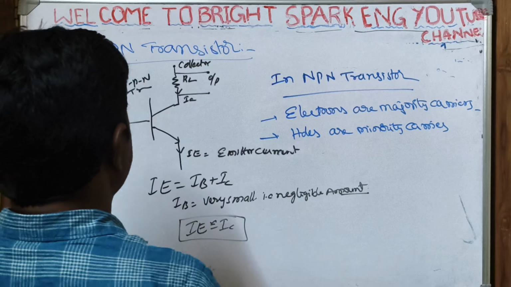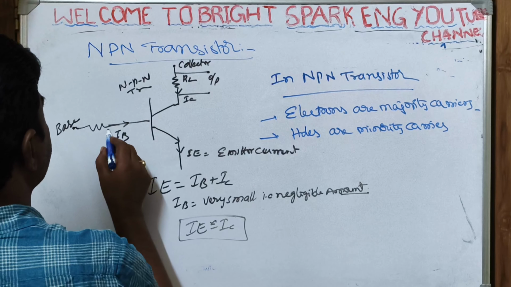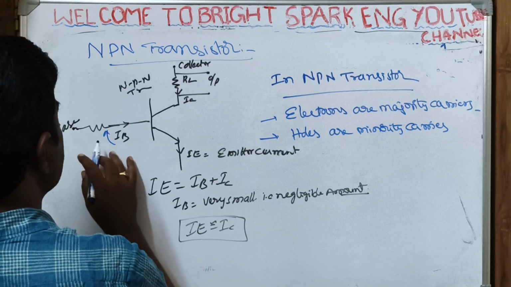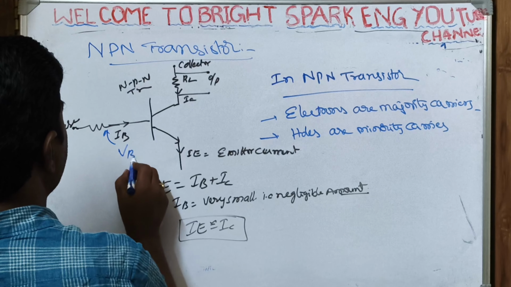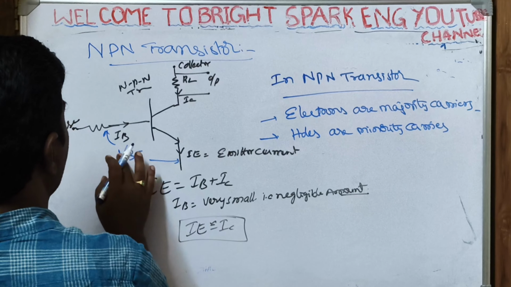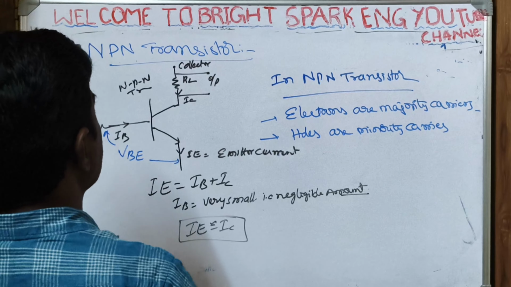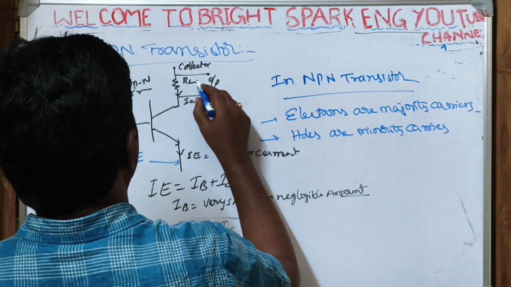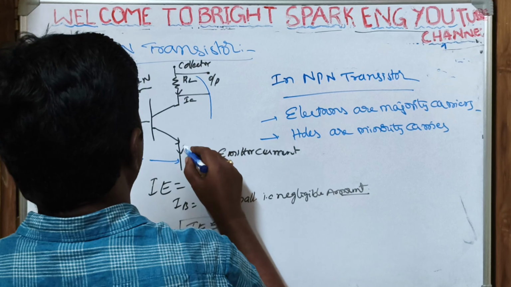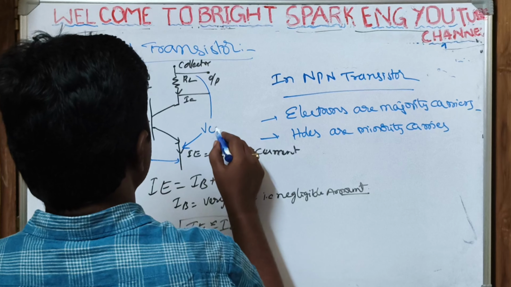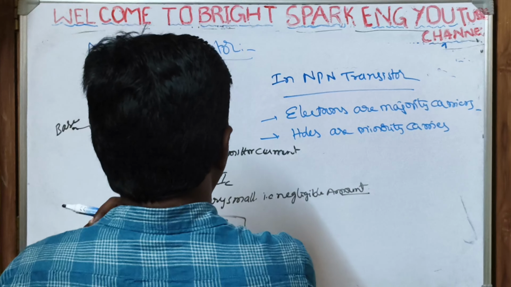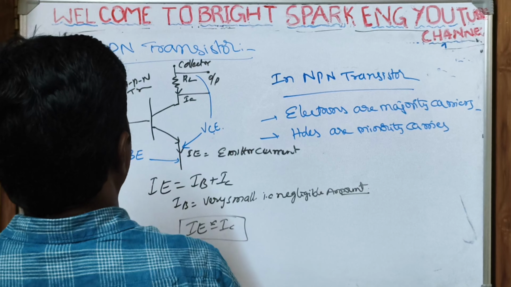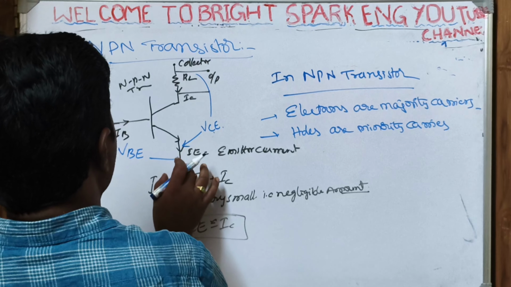In this, the voltage across this one is VBE, voltage between base and emitter terminal. This is VCE, voltage between collector and emitter. Here is common emitter configuration.